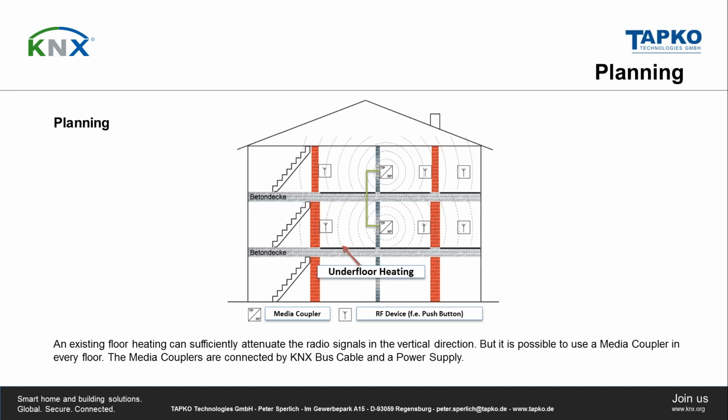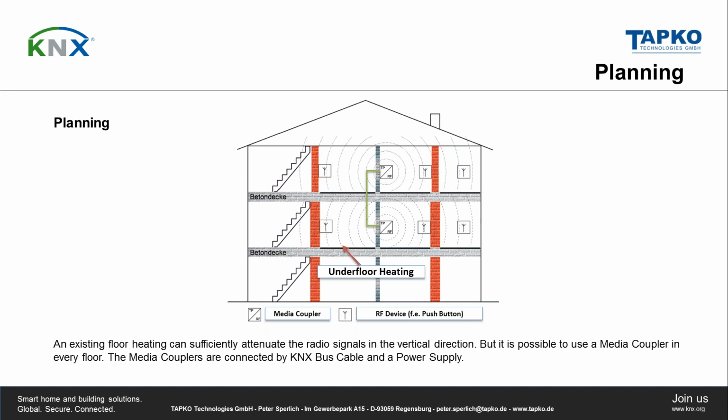So this is what I was talking about before. When you have underfloor heating, for example, it's usually not possible to get the radio signal from one floor to the other floor. So it is possible to use a media coupler or a repeater when you have many devices on one floor, or a big distance.